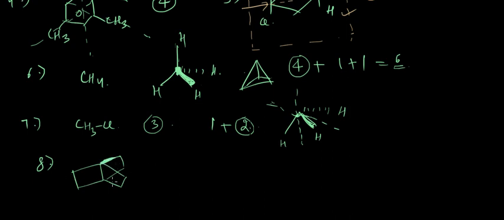This bond and this bond are going into the air, and this bond is actually going into the plane. So how many planes of symmetry are there for this compound? First would be cutting all the faces from the mid part. So this would be one plane of symmetry.